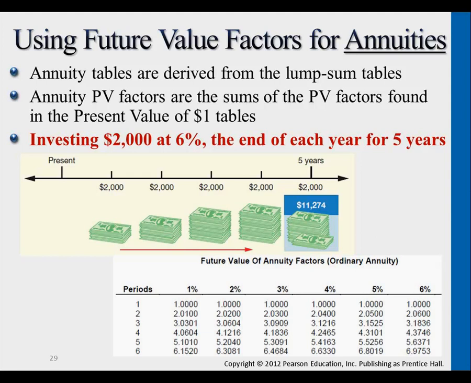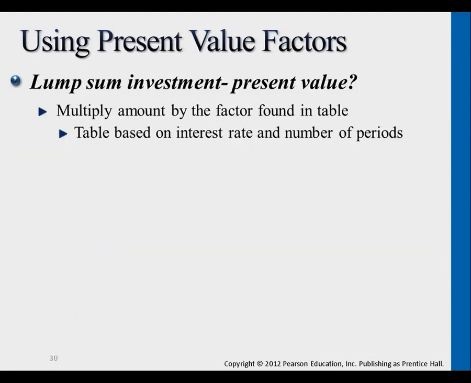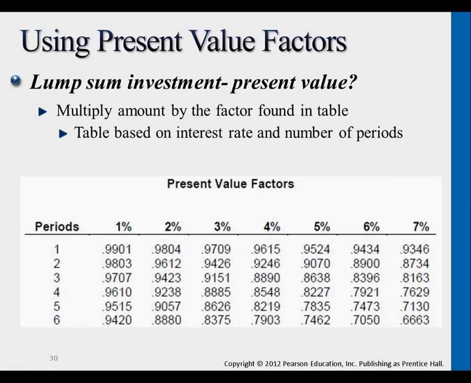All right, let's go next. We talked about the future value. What about the present? When we have a lump sum investment, just by logic, we use a present value factor table. Here's how it looks. Here's what we're going to calculate right now.